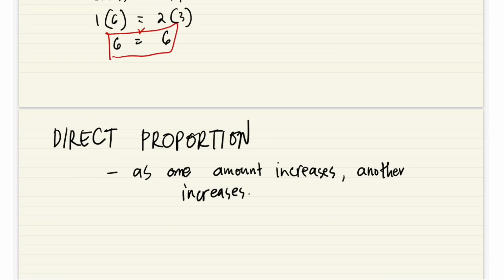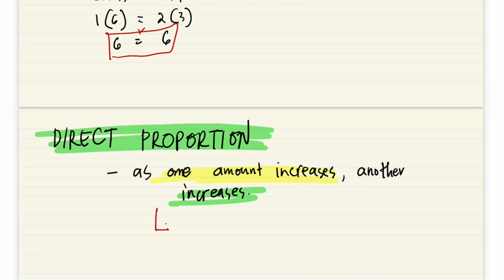It means that as one amount increases, the other also increases. So they have a direct proportionality. When these things happen, they are directly proportional.